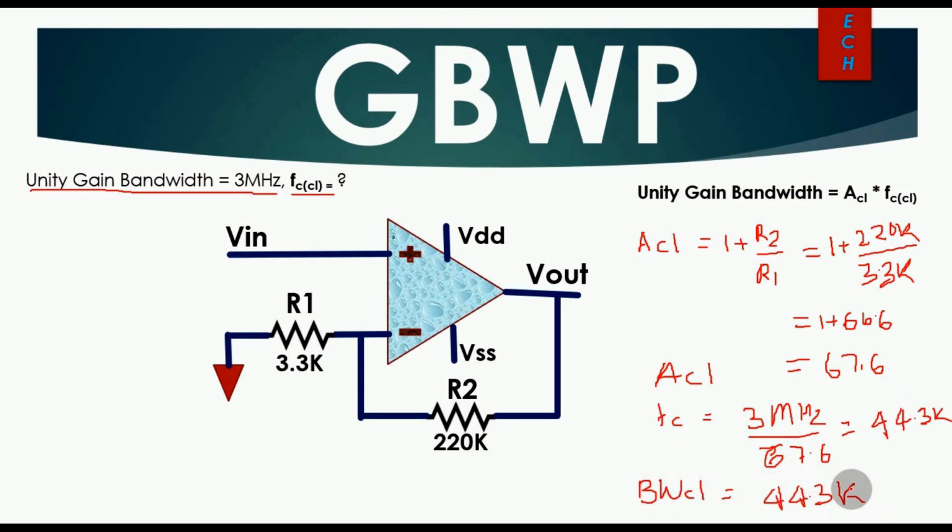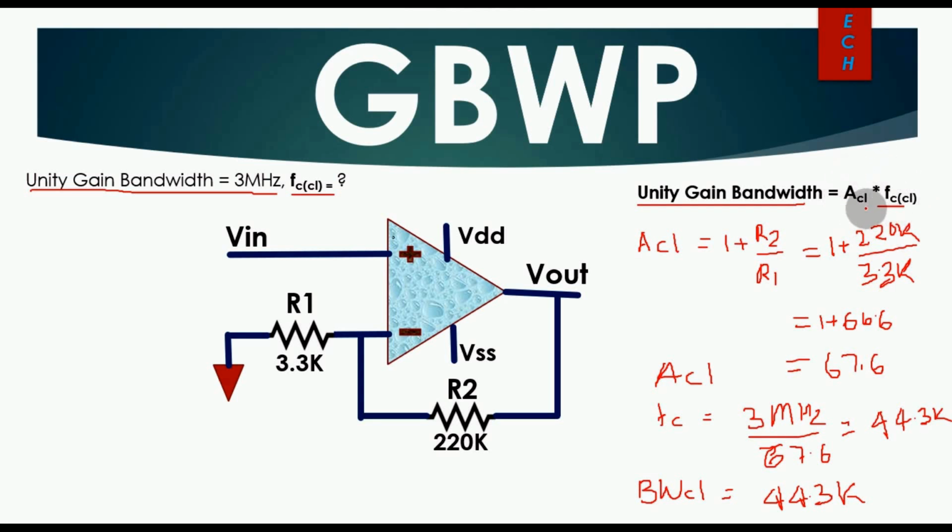With this formula, you can see the unity gain bandwidth is a fixed parameter coming from the data sheet of the operational amplifier. You already know the frequency of your input signals, so based on your frequency, you can design or select the gain of your circuit.